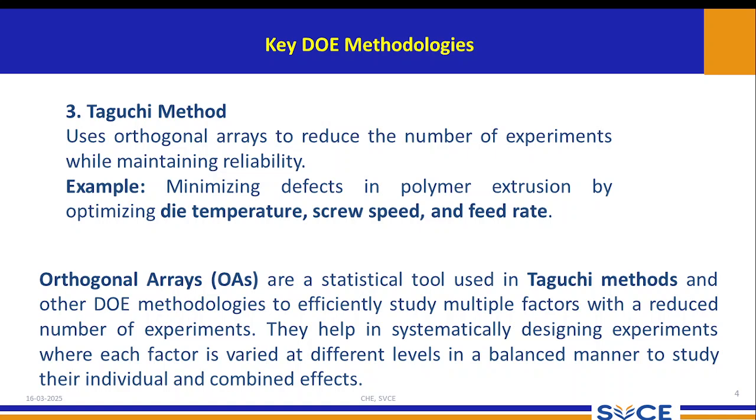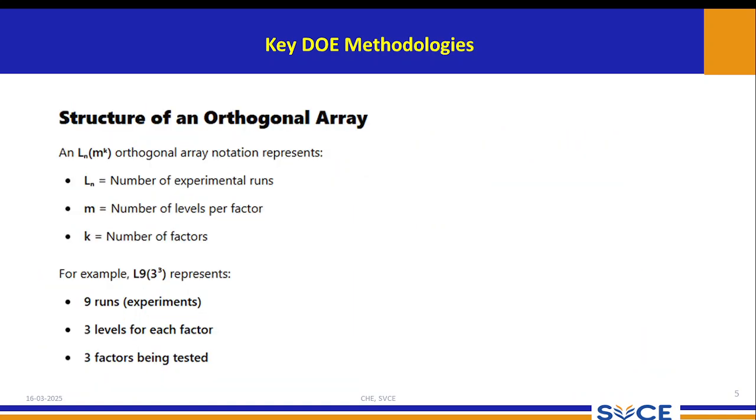So this Taguchi method will try to reduce the number of experiments. And as for the orthogonal array, how does it look? Here they have given the L_n m to the power k orthogonal array notation. L_n, where n is the number of experimental runs, and m is the number of levels per factor.